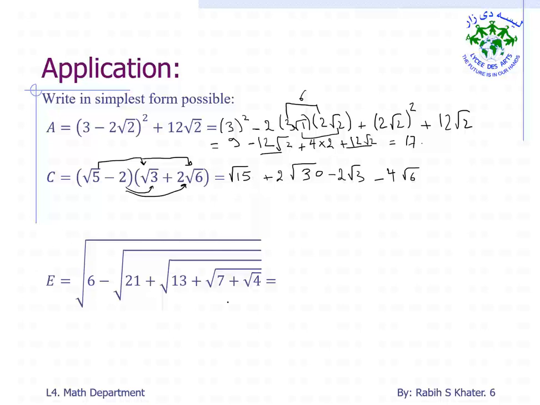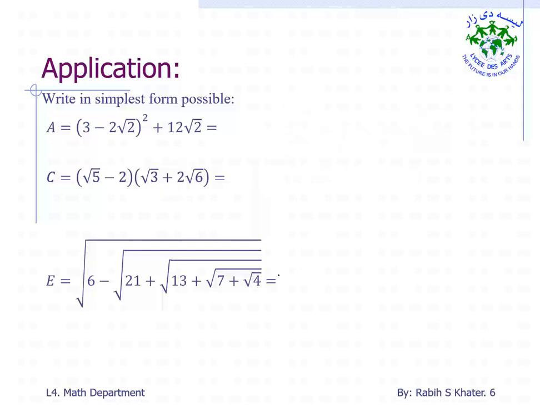Now for E, wow, this is the most difficult one. No, it's the easiest one, believe me. It only needs from you a little patience. To start working out such an expression, always start from the last. Now, you'll have square root of radical 6 minus radical 21 plus radical 13 plus radical 7 plus, what's the radical of 4?